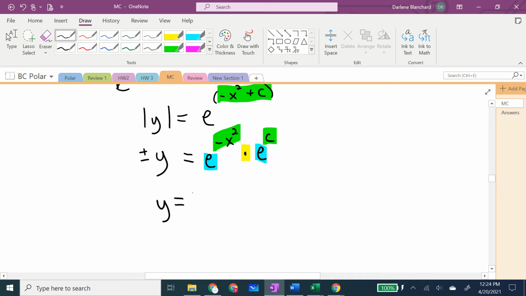Then I'm going to push that positive or negative to the right side. I'm going to rearrange this multiplication order. All right, 10 minutes left. And then you're going to recognize that this mess is just an unknown constant. I'm going to give it just another letter. How about a big giant capital A?